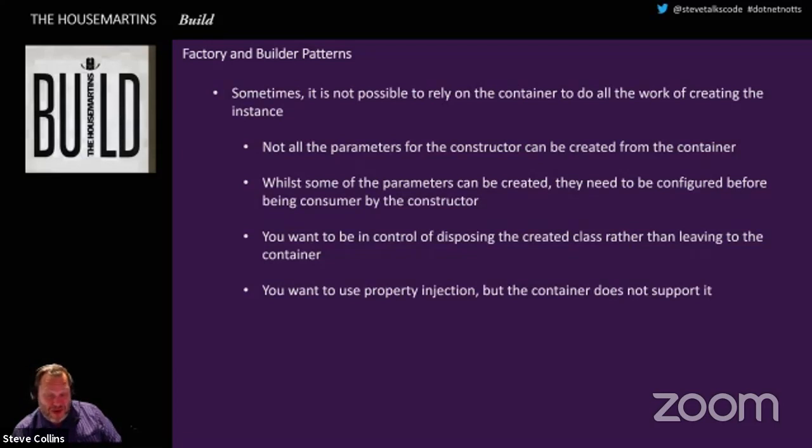That possibly may be where a property injection may be required. So I've been doing some work recently trying to write a shim over the ASP.NET membership provider back from ASP.NET 2. And that by default doesn't have a constructor. It's just got a whole load of properties, and then you call initialize. Well, that doesn't exist in .NET Core world anyway, but say it did, you just can't do that with the container. What you can do is write a factory for it, and I'll go into the mechanics in a minute.